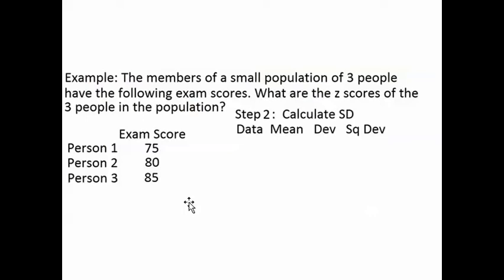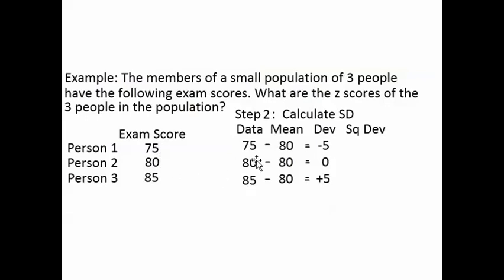Now we have to find the standard deviation of this small population. Well, to get the standard deviation, we just subtract each data value by the mean of 80 to get the deviations. The deviations are -5, 0, and +5, because this value is 5 below the mean, which means the deviation is -5.